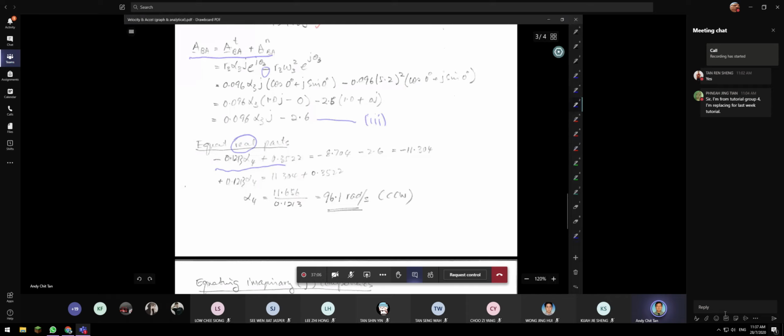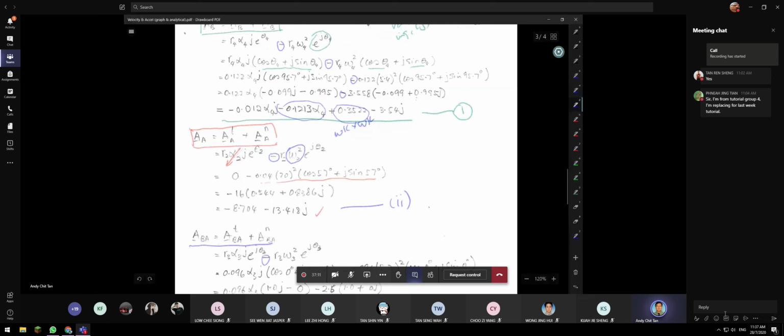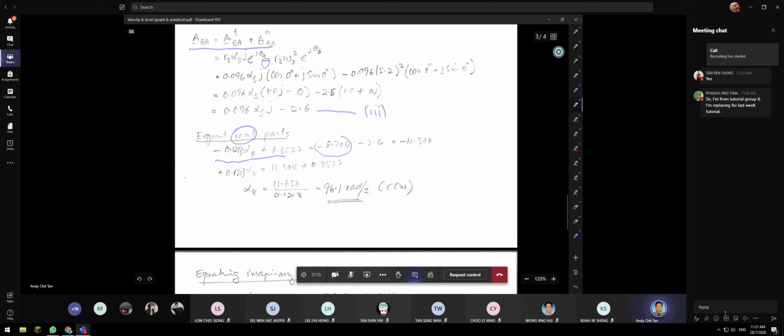The real part for A is minus 8.74. The real part for BA is minus 2.6, so you minus 2.6 here. From this equation, you can work out alpha 4 straight away.